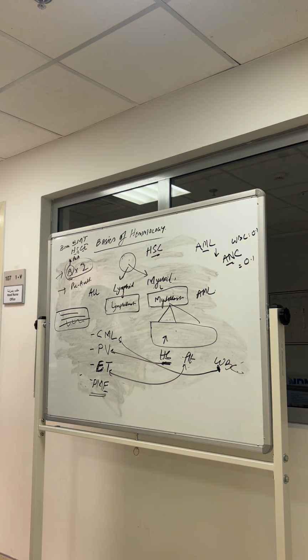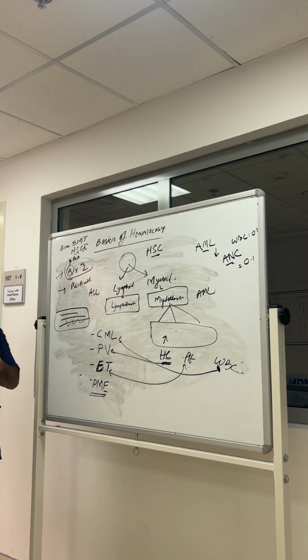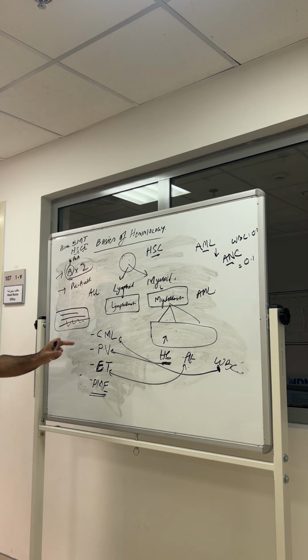When you see the bone marrow under the microscope, it will be all fibrosis, no normal cells. So hemoglobin will be low, platelets will be low, WBCs will be low. So you can remember there is one disorder with high hemoglobin, one with high platelets, one with fibrosis in the bone marrow, and one with high WBCs, which is CML.